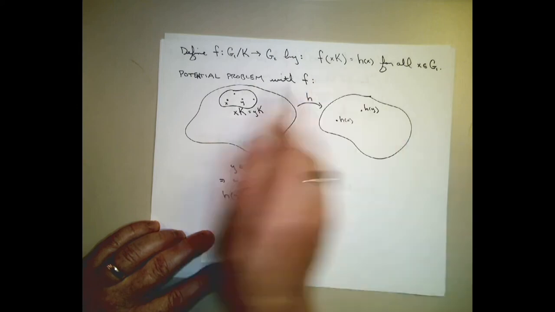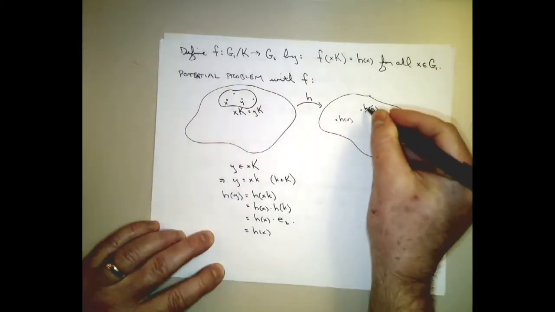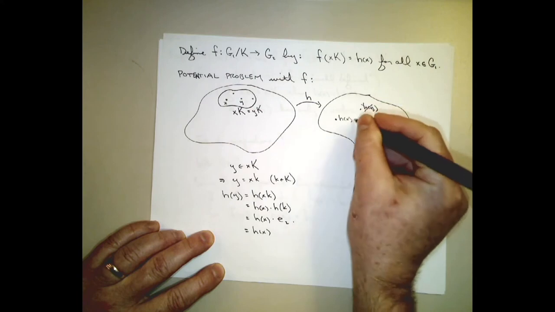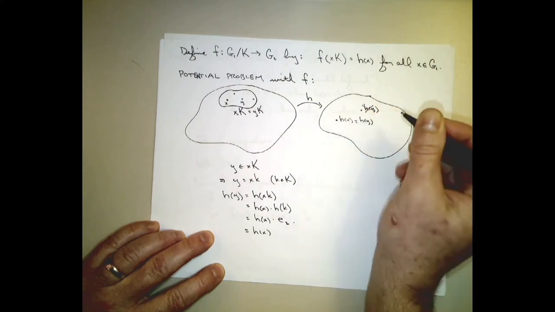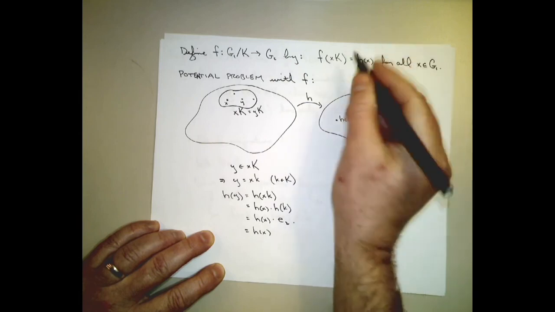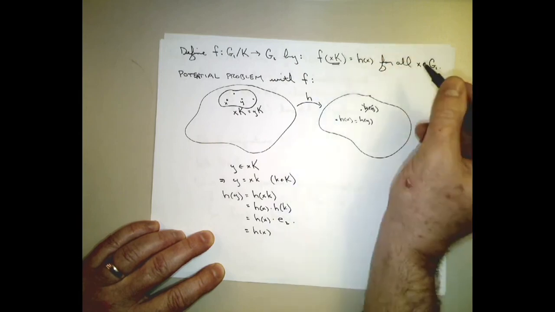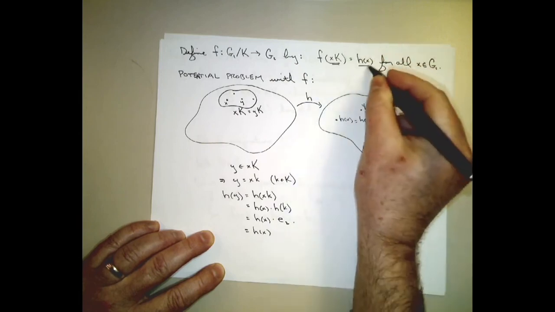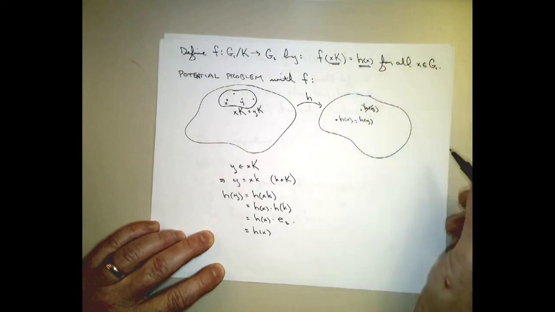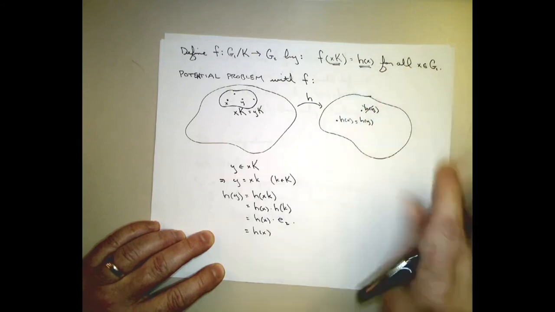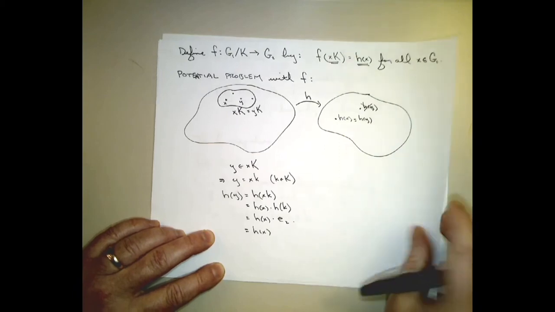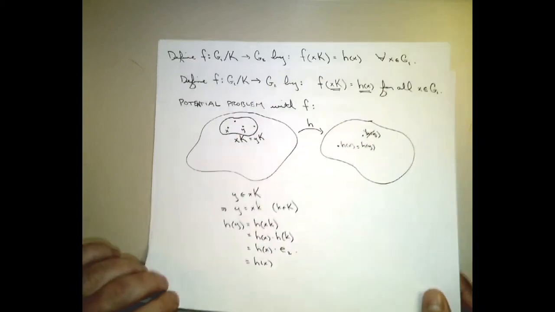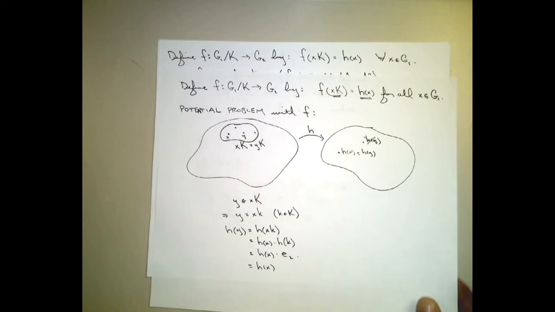So it turns out that this potential problem doesn't happen. H of x and h of y turn out to be the same thing, and so f really truly does take each coset to exactly one element. That's great, right? That tells us f is a well-defined function.